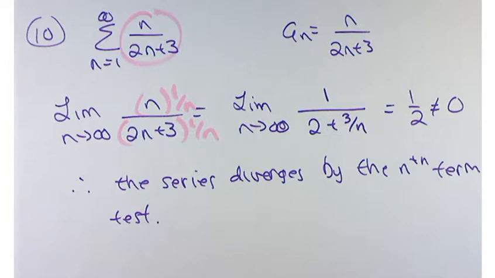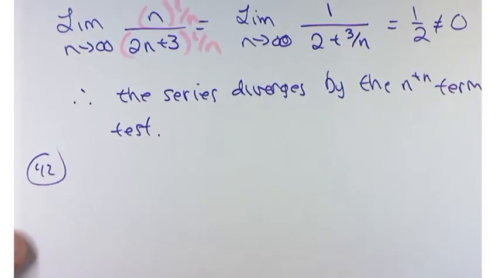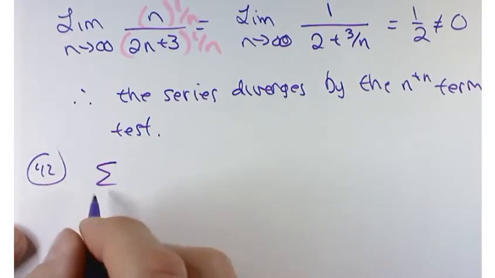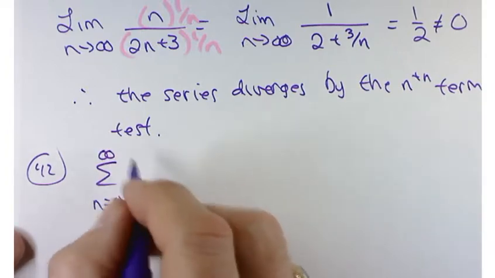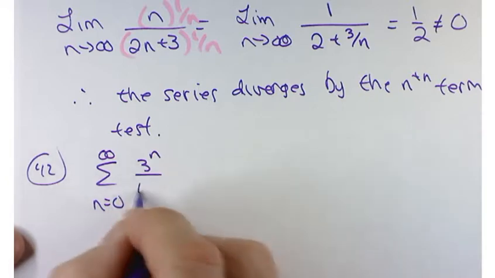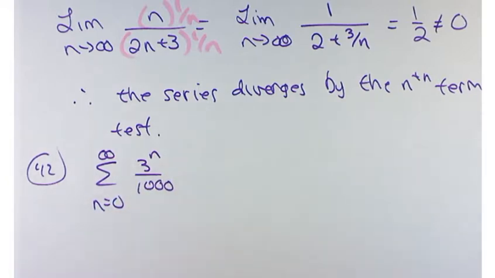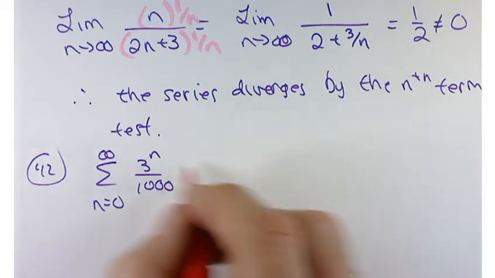Let's try another one. Problem number 42. The sum from n equals 0 to infinity of 3 to the n over 1,000. 1,000 is a pretty big number, but we'll see here.